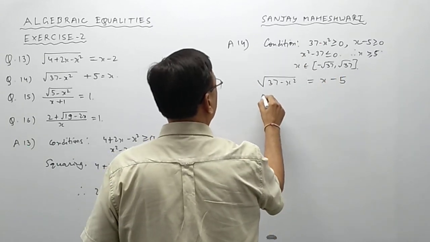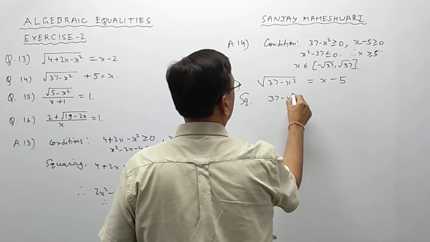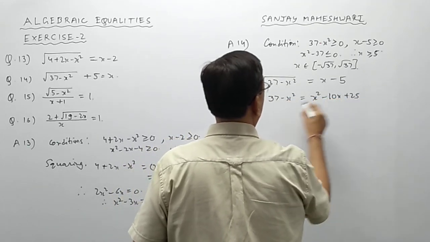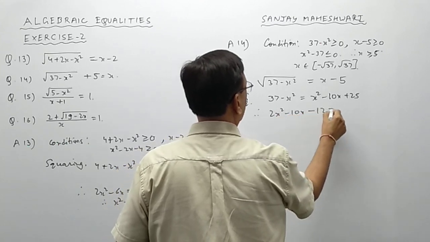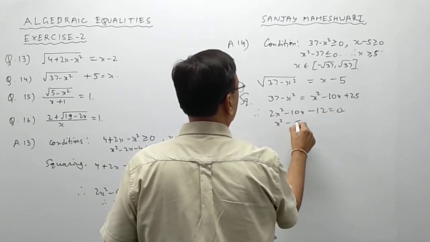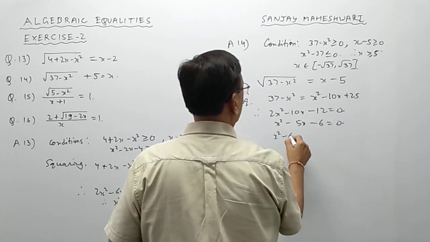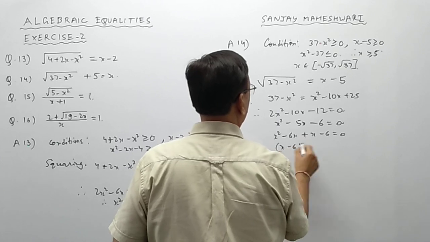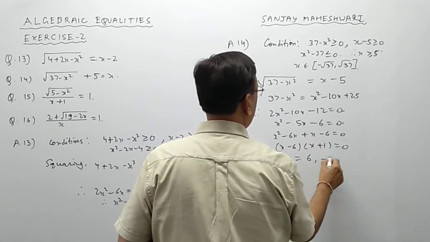So let us see. Squaring both sides. Now x equal to either 6 or minus 1.